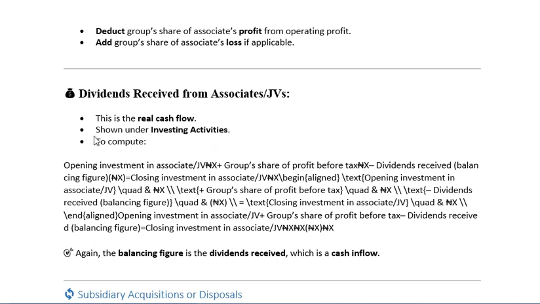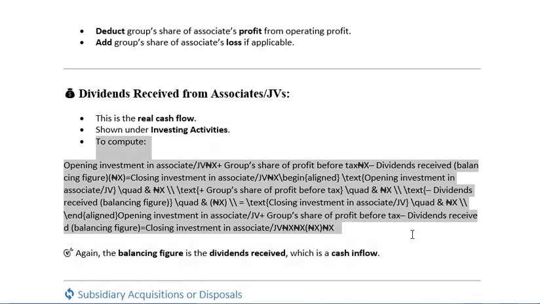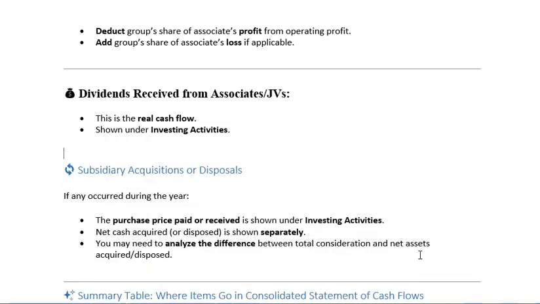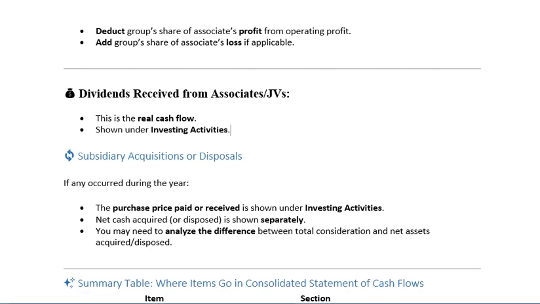Dividend received, and then we have dividend paid. Then also we have subsidiary acquisition or disposal. If any occurred during the year, if a subsidiary was acquired or disposed during the year, the purchase price paid or received is shown.